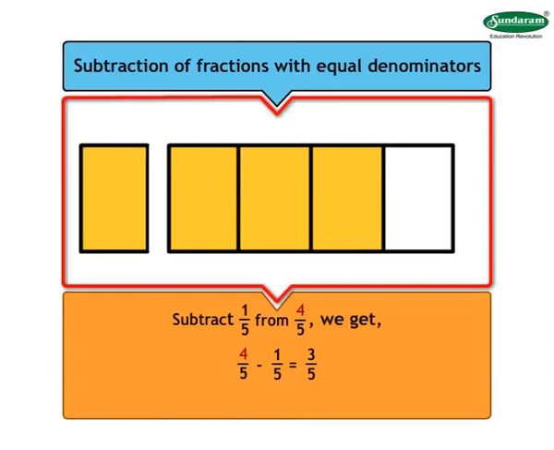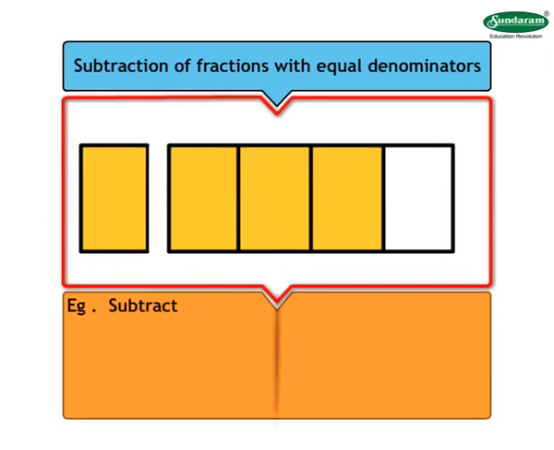Let us take an example of subtraction of fractions with equal denominators when the figure is not given. Example, subtract 17 upon 9 minus 13 upon 9. Subtract only the numerator of the second fraction from the numerator of the first fraction.